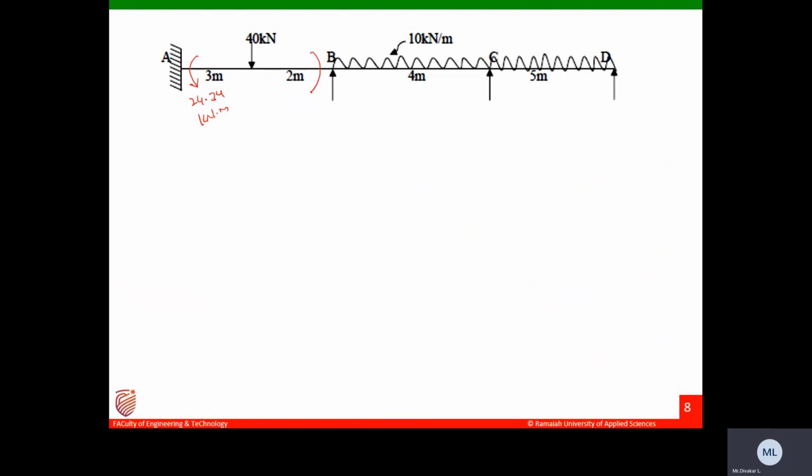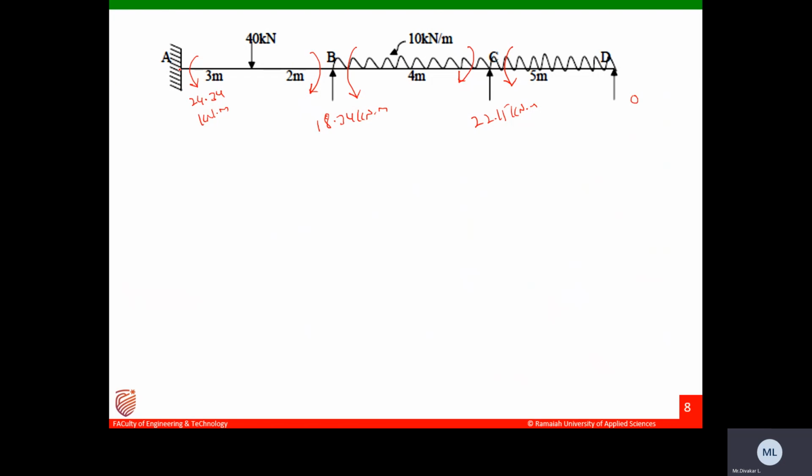This is minus 18.34, so it's 18.34 kilonewton meters. Okay, so it is pulling up. Similarly, this is plus, this is minus you got. How much it is? This you got 22.15 kilonewton meters, and this is 0 you got.